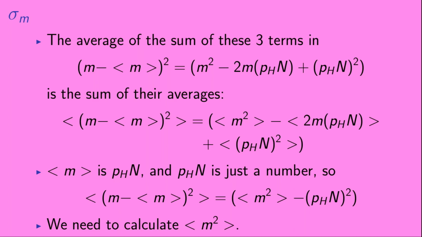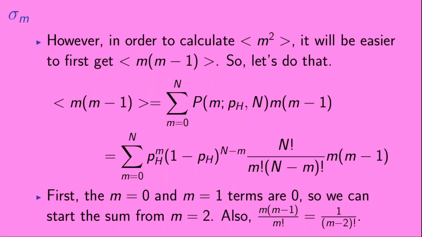This means that we need to calculate the mean value of m squared. However, in order to calculate the mean value of m squared, it will be easier to first get the mean value of m times m minus 1. So let's do that.